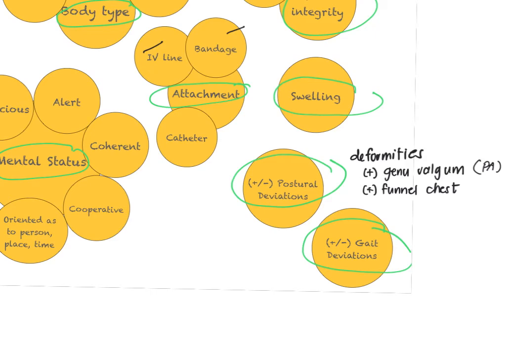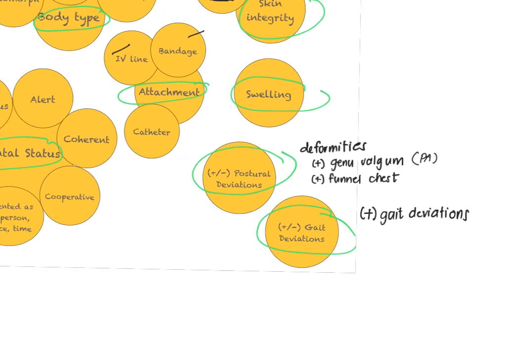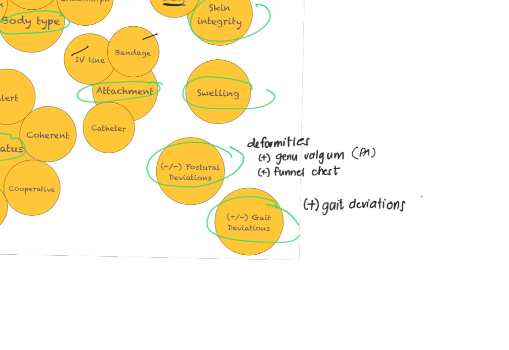So for gait deviations, you only write presence or absence of gait deviation. So if you noted gait deviation, susulat mo lang positive gait deviations, and then you write here C, gait analysis.